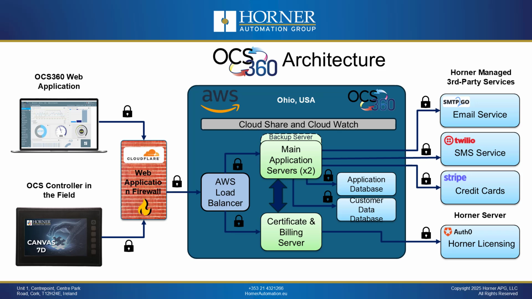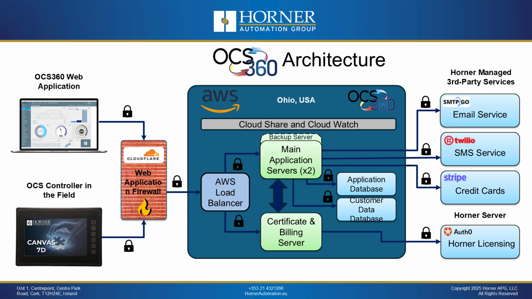That is all stored locally, but when an email needs to be generated, the main application for OCS360 sends those details for that one email transaction to the email service, and the email is generated. Similarly, if you would like to generate an SMS or text message, that functionality is also available, and it works basically the same way as the main OCS360 application sends the information from a particular SMS text message transaction to an SMS service, and then that is generated.